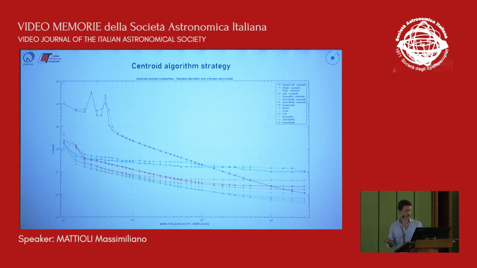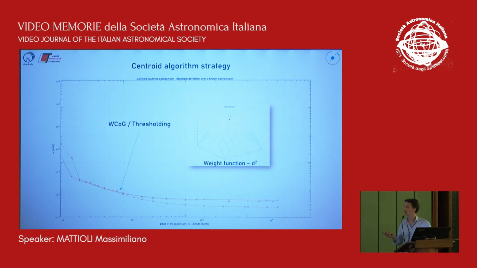So our choice is in the end a weighted centroid with the center of gravity, and also a thresholding algorithm. Basically, we switch gradually between the two based on the source light intensity.